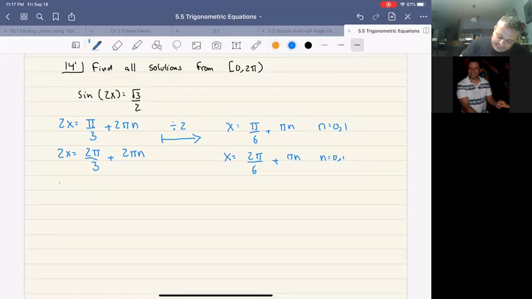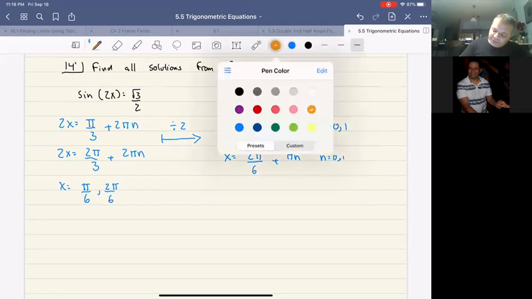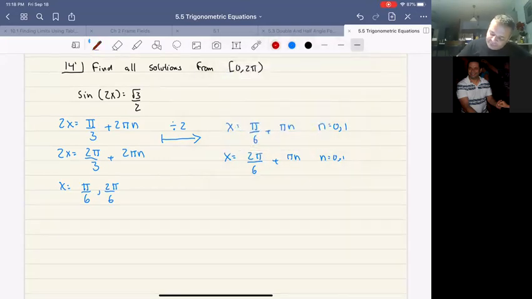So x equals pi over 6. That's the first one. I'm going to write these in order: 2 pi over 6. Now, in order to do this right, I'm going to write pi as something over 6. Off to the side, my pi is 6 pi over 6.